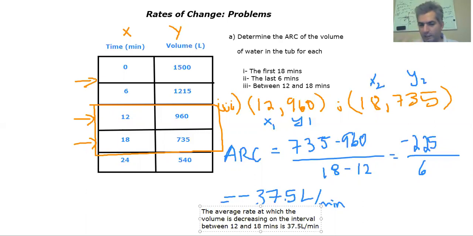As you see, we didn't include the negative symbol because we stated that it's decreasing on the interval between 12 and 18. So we know that the volume of the tub is decreasing, so we don't have to put the negative sign in the answer. So that's my final answer there.